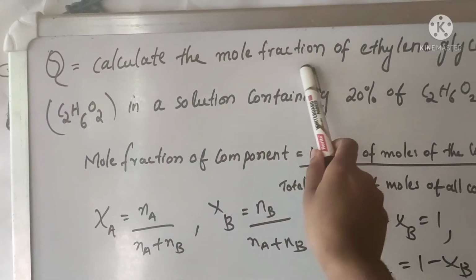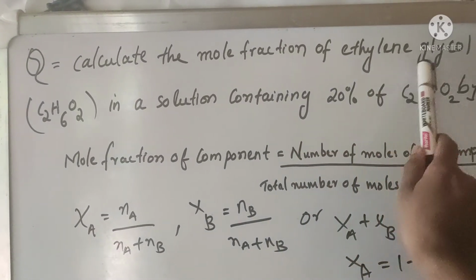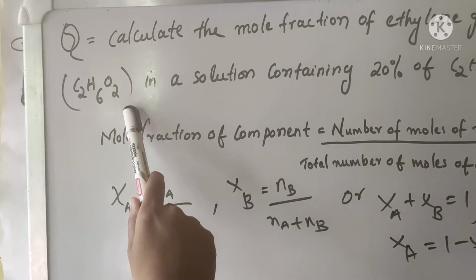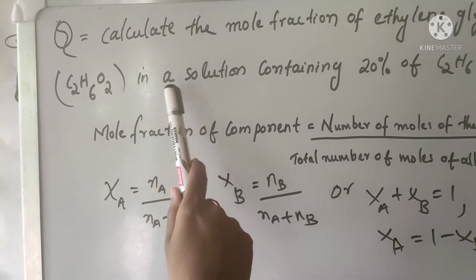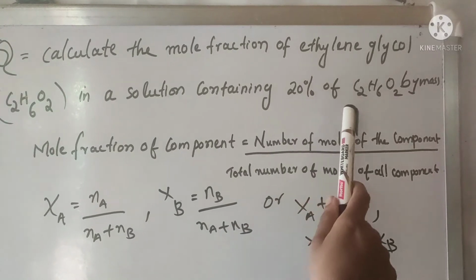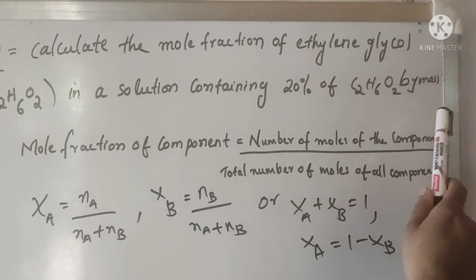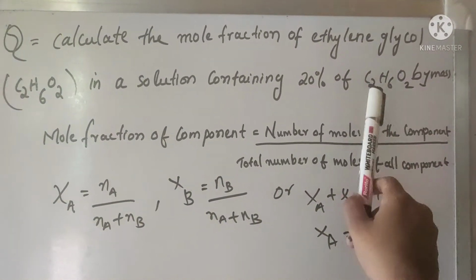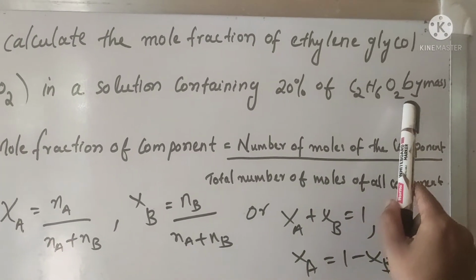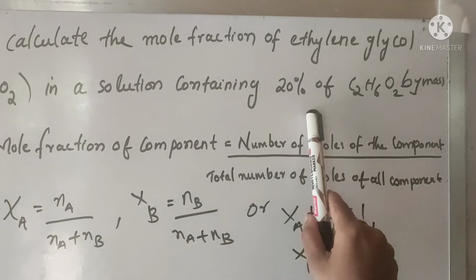Calculate the mole fraction of ethylene glycol, that is C2H6O2, in a solution containing 20% C2H6O2 by mass. Here the mass of ethylene glycol is given, that is 20 gram.